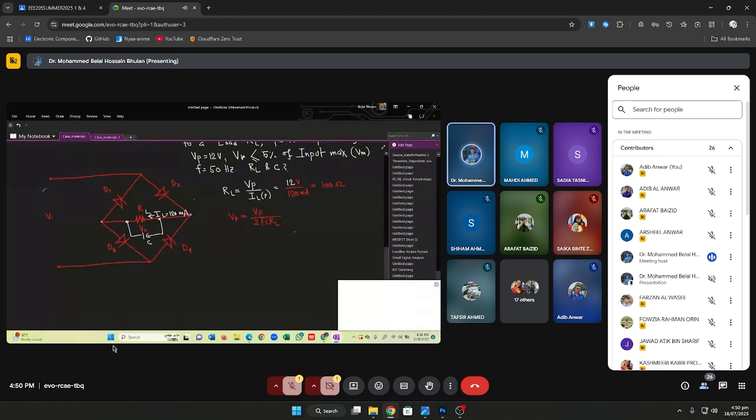Then it says that VR should be less than or equal to, it's a limit, 5% of VM.